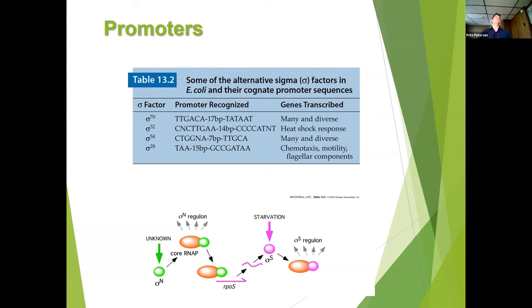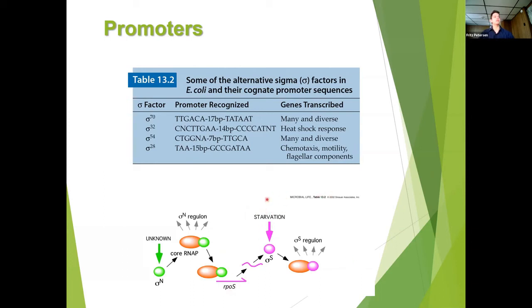And so what are these alternative sigma factors? They enable bacteria to change the promoter specificity of the core RNA polymerase to enable the expression of genes that give them advantages in particular situations. It's a real mouthful, but it essentially boils down to this: if there is some form of stress, if you look at this pink or purple portion of this diagram down here, starvation is now a threat.